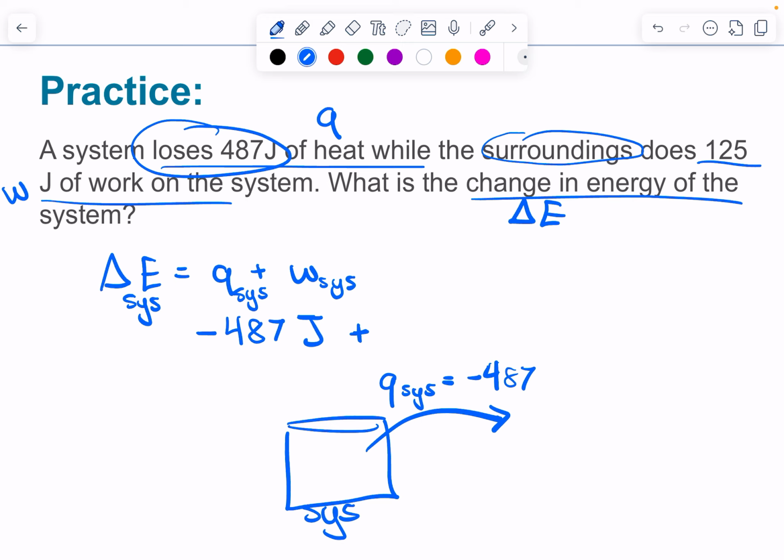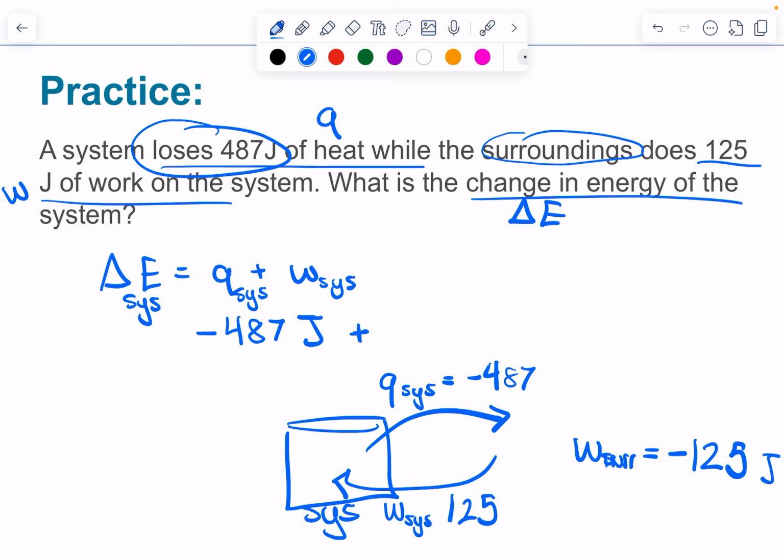Okay. This one says the surroundings does 125 joules of work on the system. So what is the work of the system? The work of the surroundings, that's the thing doing the work. Okay, so the work of the surroundings, it's losing 125 joules, but the system is gaining that 125 joules.